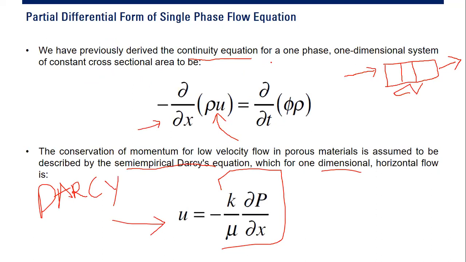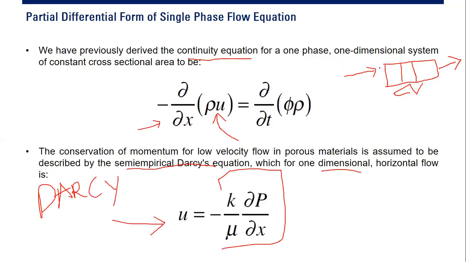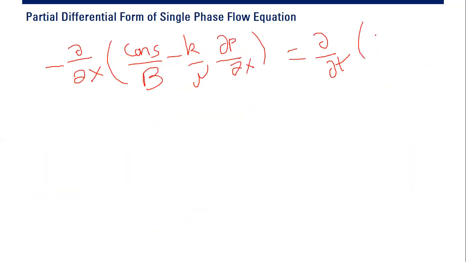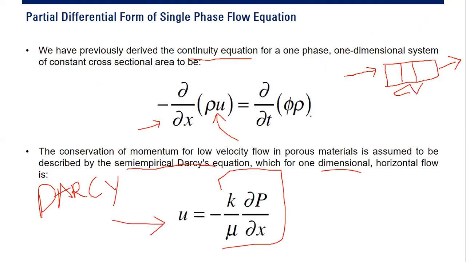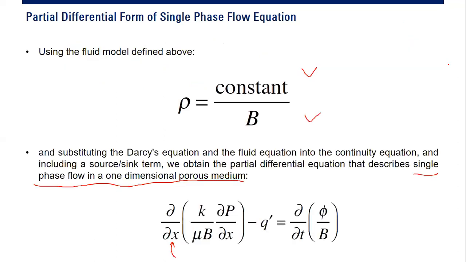And then we have d/dt of porosity multiplied by constant divided by B, because now we replace the density also.